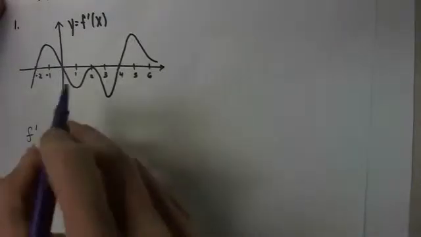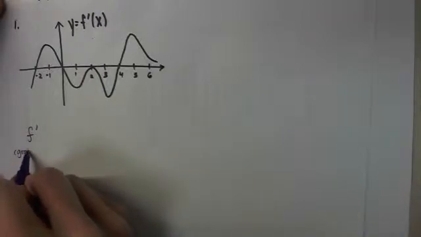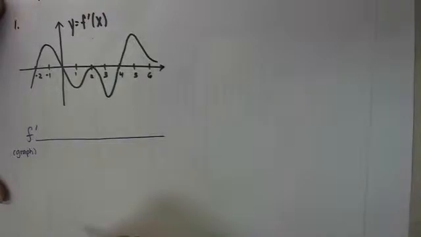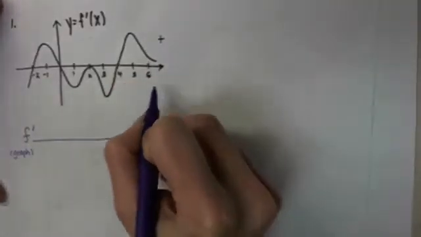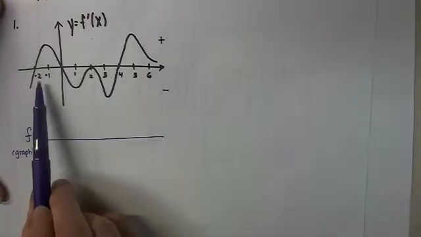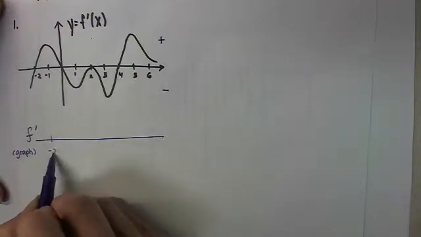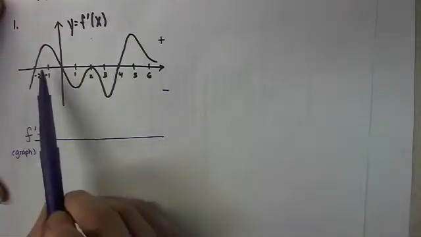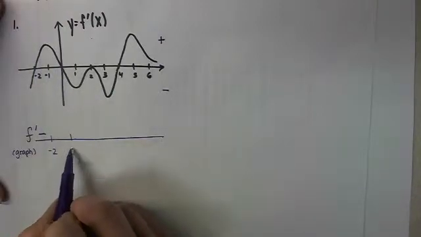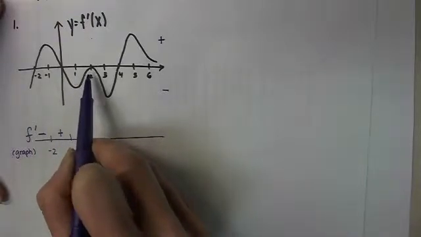Now, keep in mind that this is the graph of the derivative. So when you're making a sign chart for f prime, you're literally making a sign chart for this graph. The graph is positive when it's above the x-axis, and negative when it's below the x-axis. So the first derivative is negative up until -2, positive between -2 and 0, and negative again between 0 and 2.